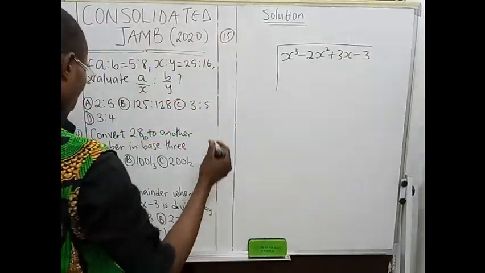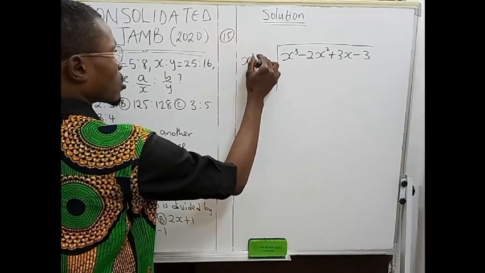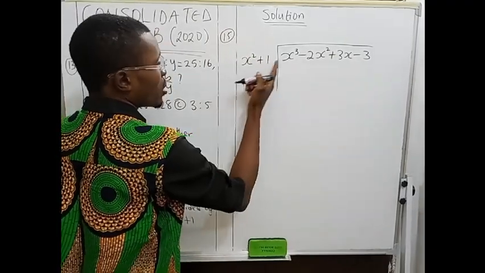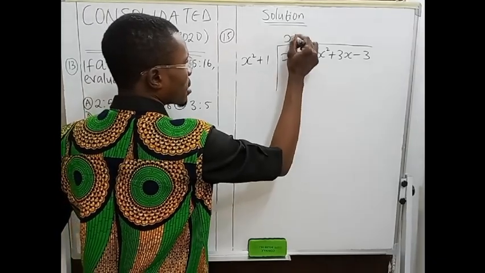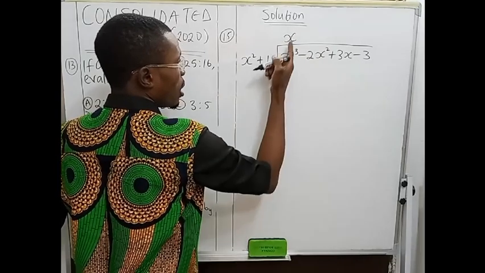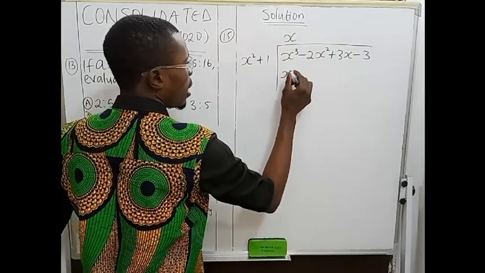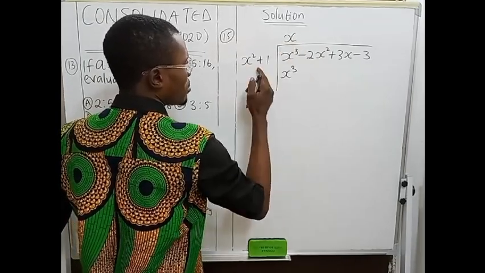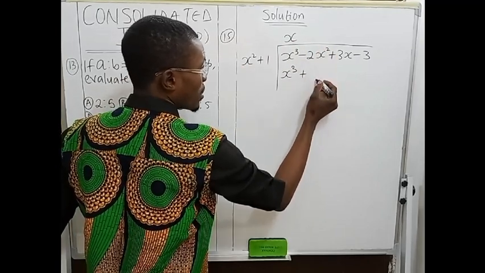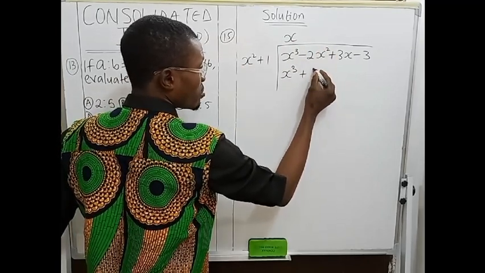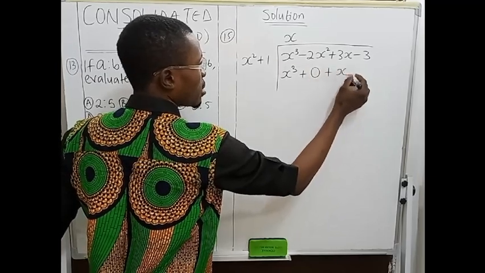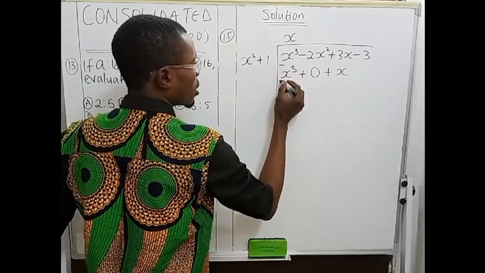All right, we are to divide by x squared plus 1. So we divide x squared into x cubed. You have x. Then we use the x to multiply the expression. x times x squared, x cubed. x times plus 1, we have plus x. This is the term for x squared, which is missing, replaced with 0. We have our plus x here. All right, then we subtract.